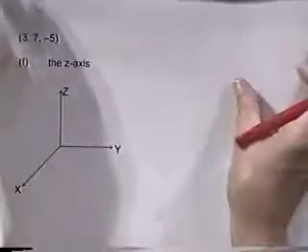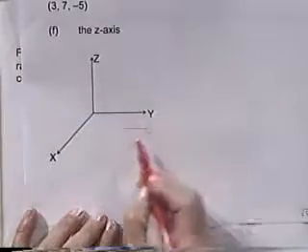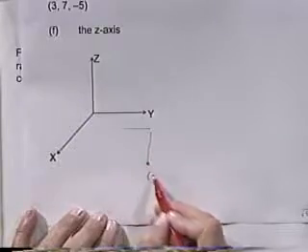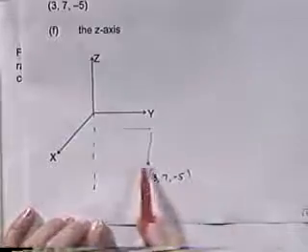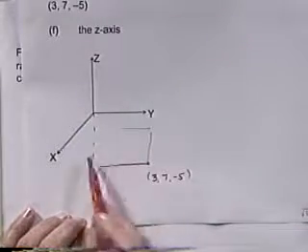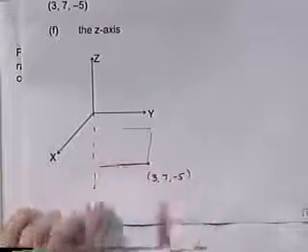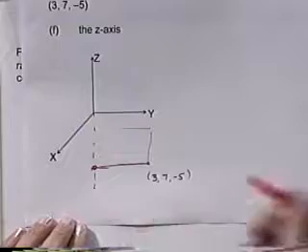Okay? If I wanted to find the distance of 3, 7, negative 5 to the z-axis, if I'm dropping that perpendicular, what coordinate's not changing when you're going to the z-axis?